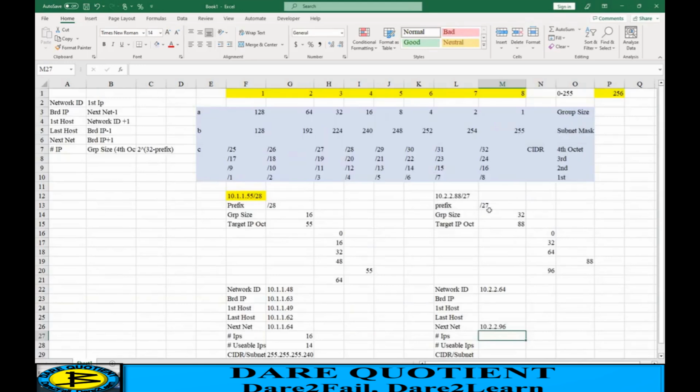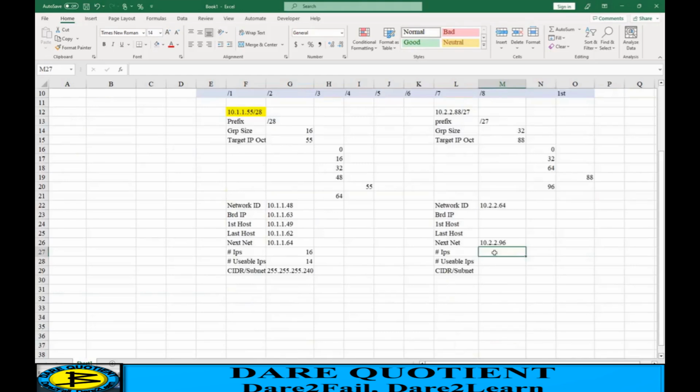From here, we know our group size is 32. So our number of IP addresses, since we're still dealing in the full octet, we know is 32. Or you can still go ahead and calculate that as 2 raised to the power of 32 minus our prefix, which was a /27.